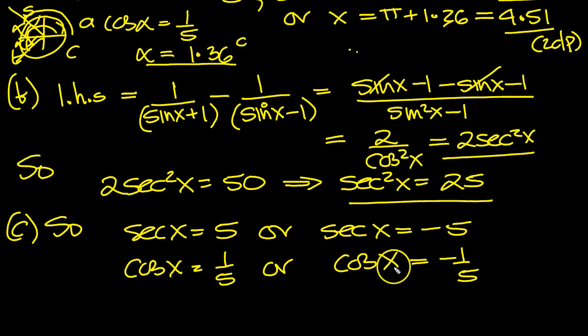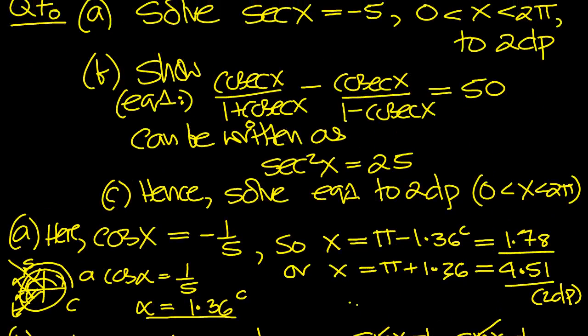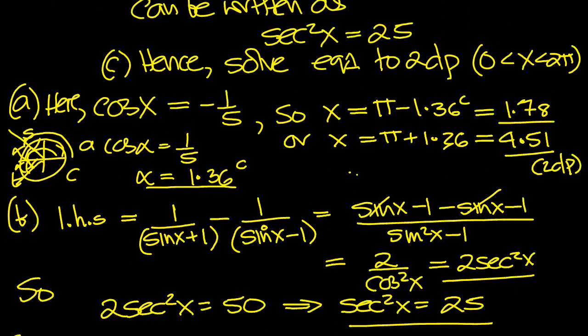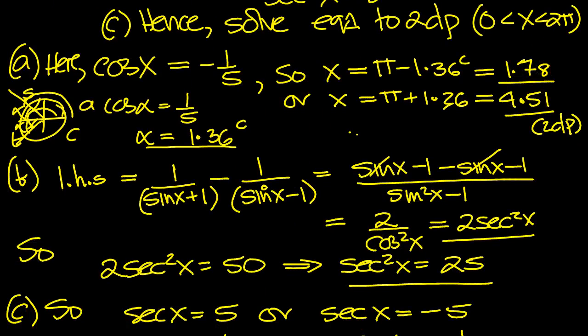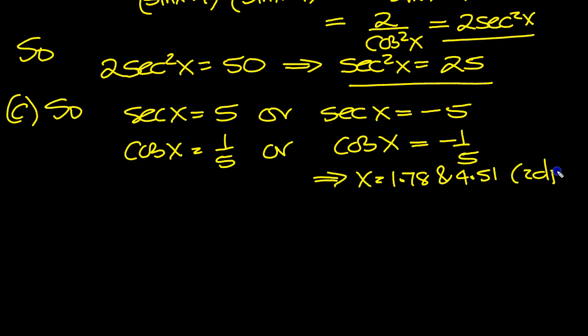This is one solution, this is the other solution. So this one here, cos x equals minus 1/5, is what we had here in the first part, didn't we? So we can read off those two solutions, 1.78 and 4.51, 2dp above.